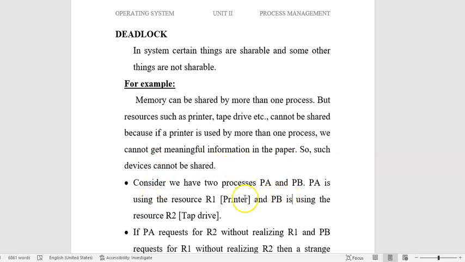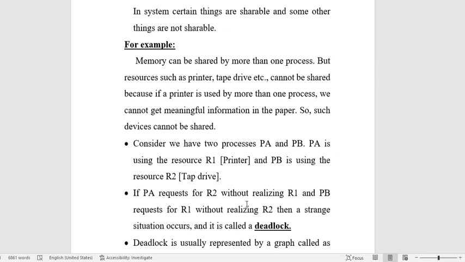PA is using a resource R1, let us consider it as a printer, and PB is using a resource R2, a tape drive. Let us consider that PA requests R2 without releasing R1. So PA is using which resource? R1, that is the printer.